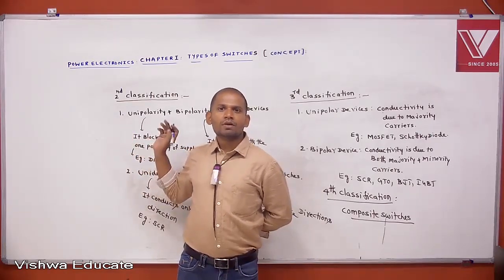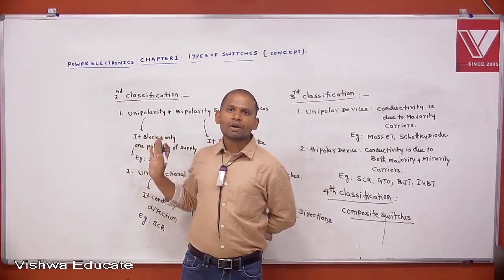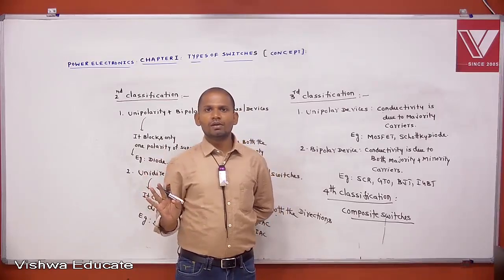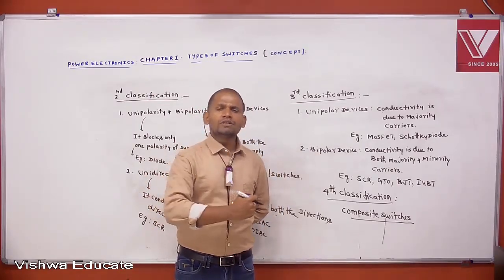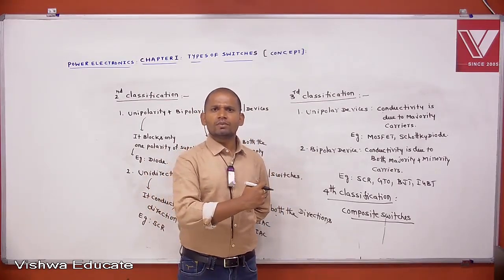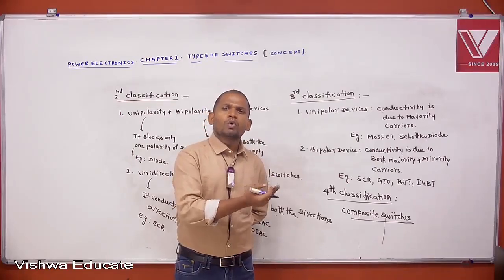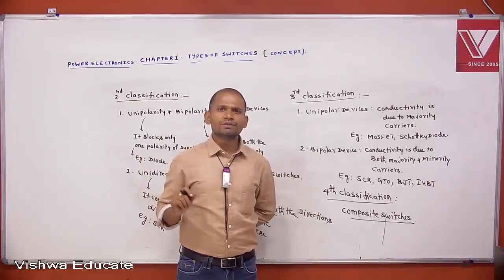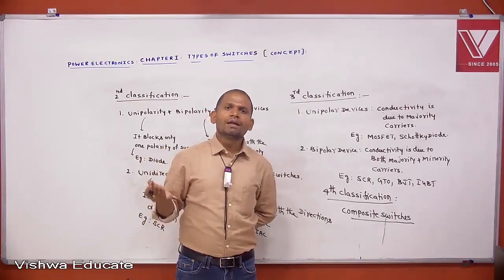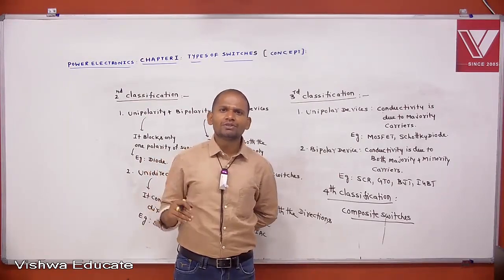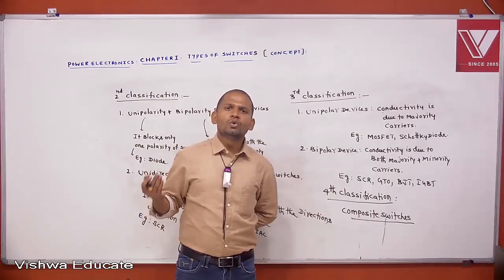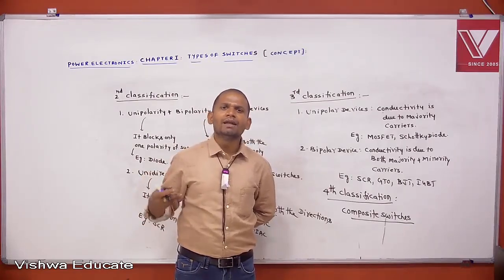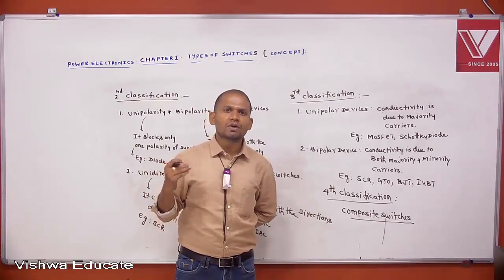Now I want to continue with how to calculate switching losses and conduction losses in a practical switch, and how to draw the ideal characteristics of various types of switches.